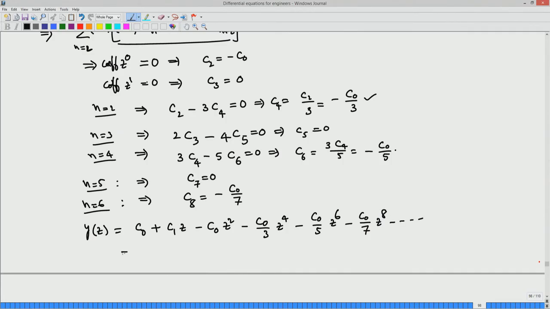So what is this one? This is actually equal to C1 z plus C0 into 1 minus z square minus z power 4 by 3 minus z power 6 by 5 minus z power 8 by 7, and so on.